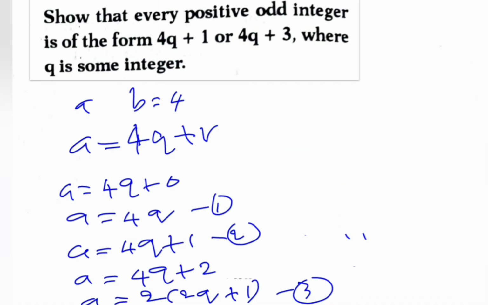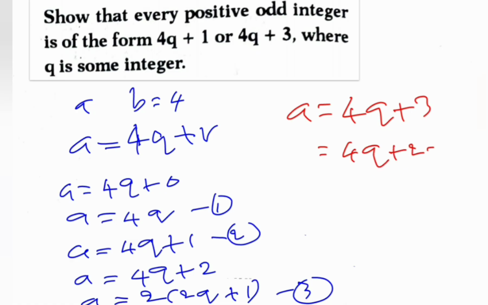A is equal to 4q plus 3, that 3 we can write as 4q plus 2 plus 1.